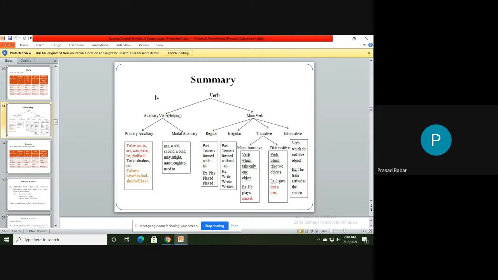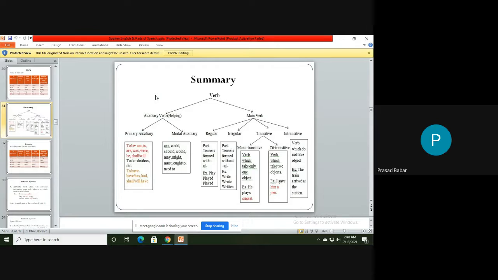The third type is transitive verbs. In the transitive verb also there are two types. First is monotransitive and second is ditransitive. In the monotransitive, how can we identify that this verb is a monotransitive verb?